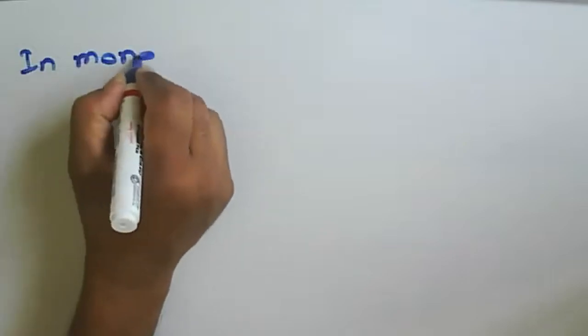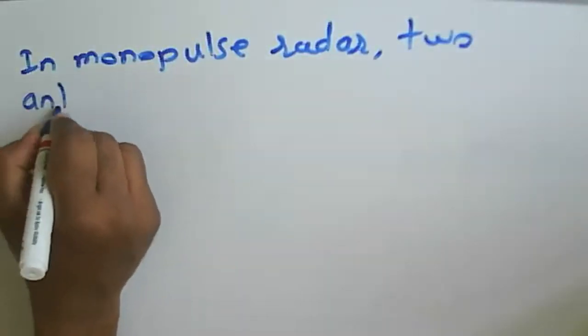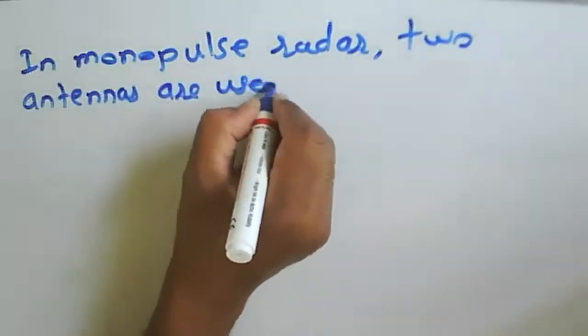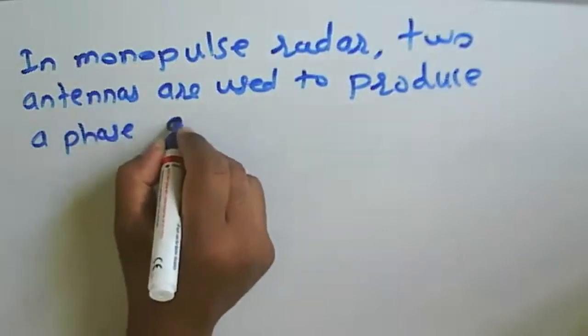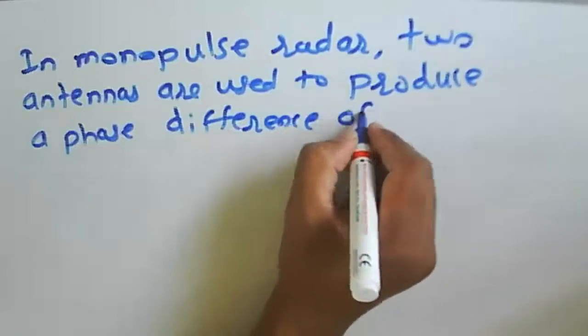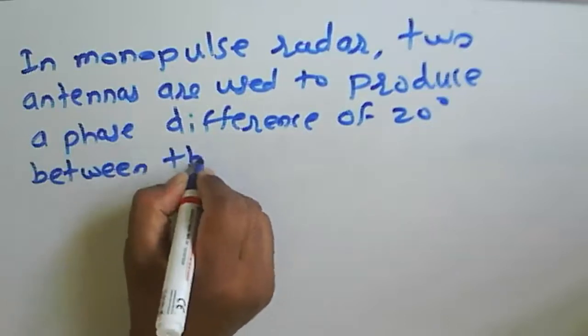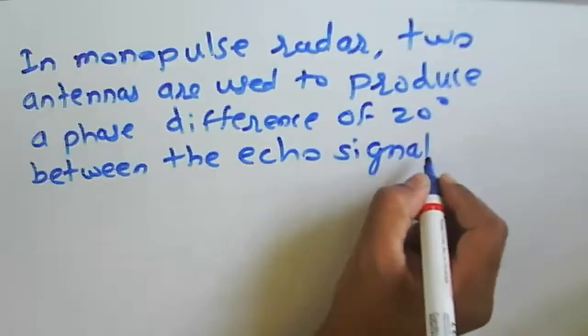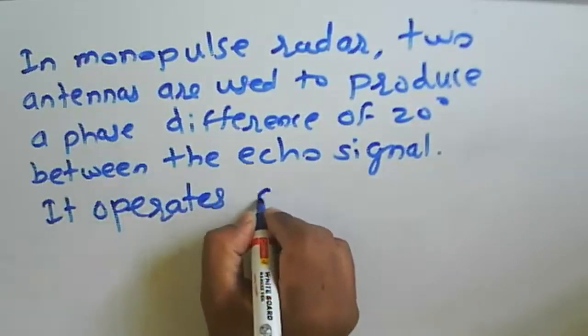Next, in a monopulse radar, two antennas are used to produce a phase difference of 20 degrees between the echo signals.